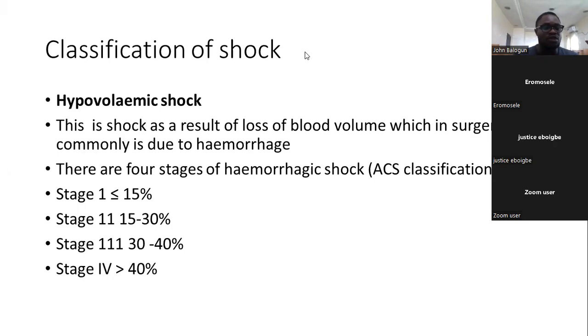For stage 1 it is within 100 and 120. Again, stage 1 is within 100 and 120, stage 2 is within 120 and 140, stage 3 is within 140 and 160, and stage 4 is greater than 160.